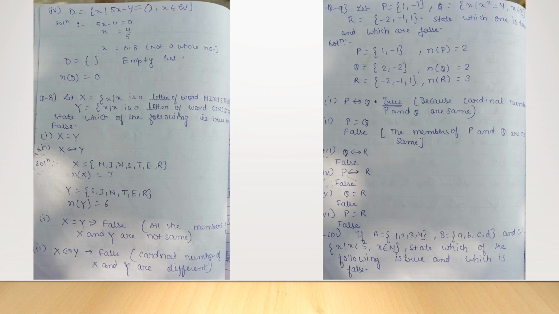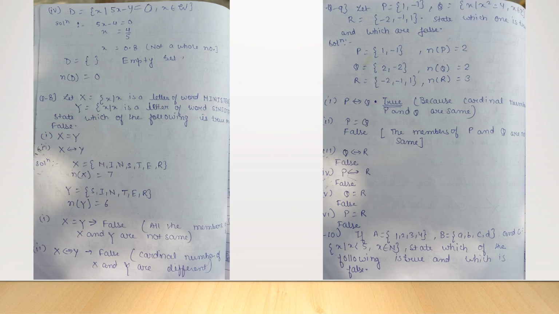So we'll write down the sets at first and their cardinal numbers. Set P is equal to {1, -1} and n of P is equal to 2. Set Q is equal to {2, -2}. n of Q is equal to 2. Set R is {-2, -1, 1} and n of R is equal to 3.